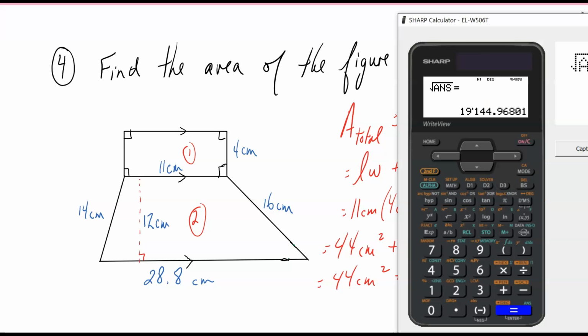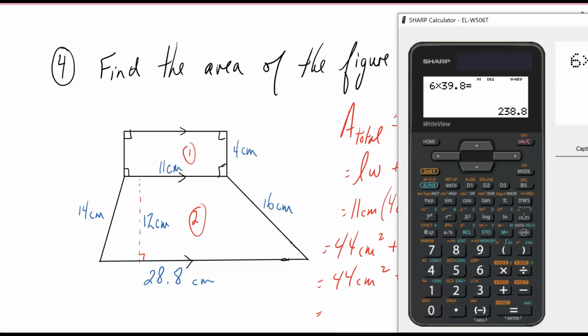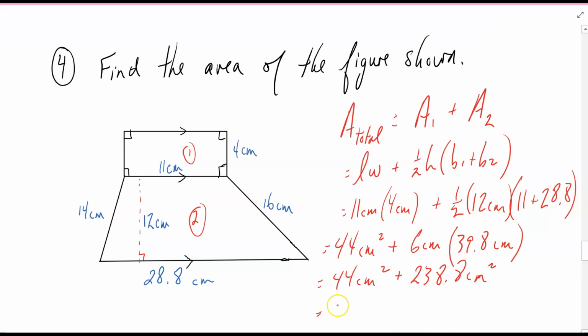I'm going to grab the calculator for that one. 6 times 39.8 equals 238.8 centimeters squared. And when we add 44 to it, 282.8 centimeters squared.